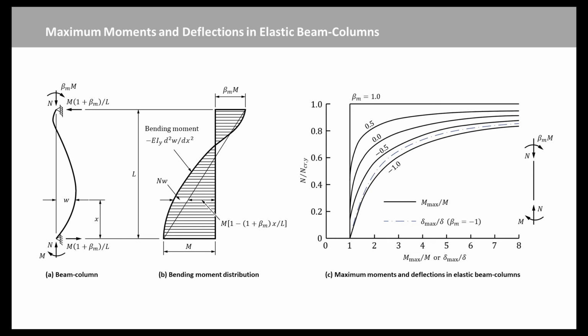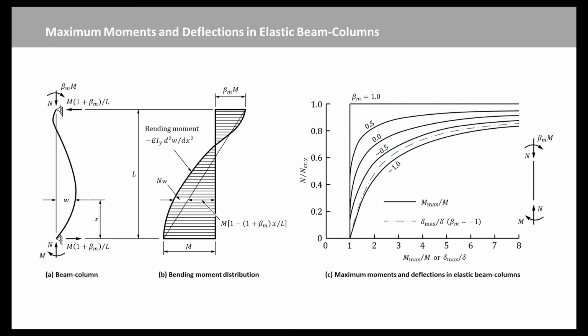The figure shows the variations of M max over M with the axial load ratio N over NCRY and the end moment ratio beta M. In general, M max remains equal to M for low values of N over NCRY, but increases later.